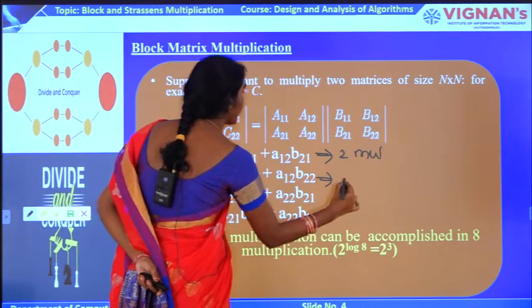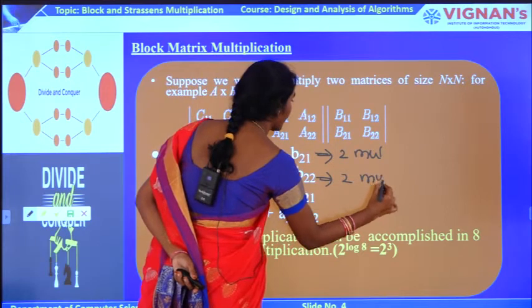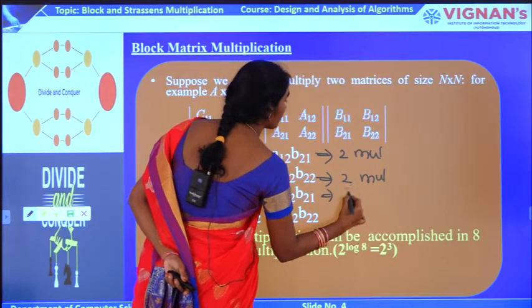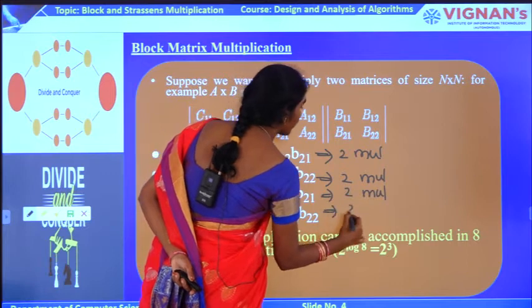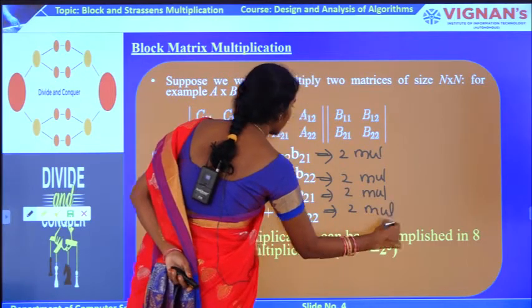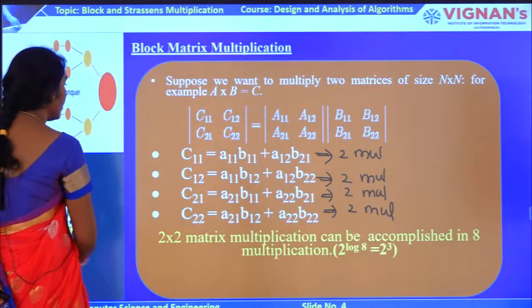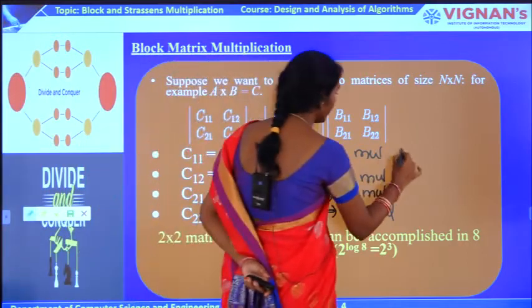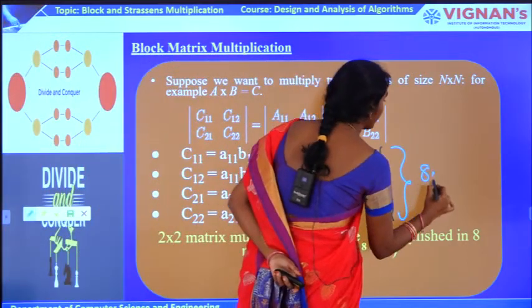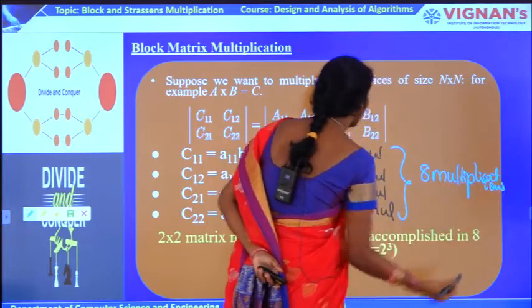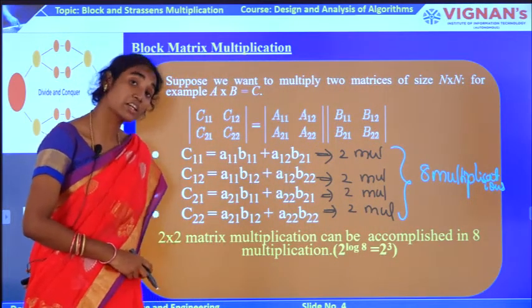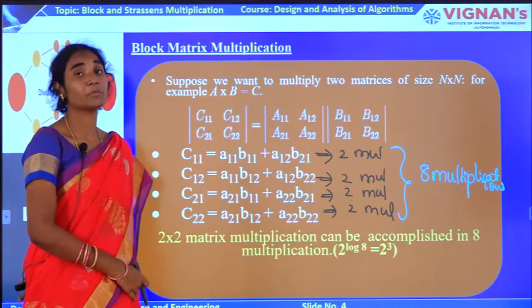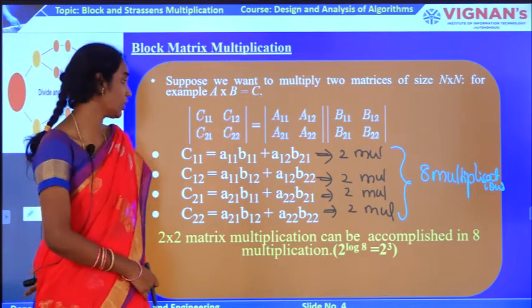Here also 2 multiplications, here also 2, and here also 2. Together, 8 multiplications are required to perform a 2 by 2 matrix multiplication.